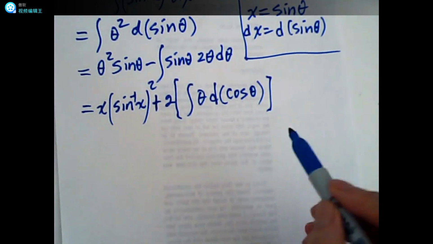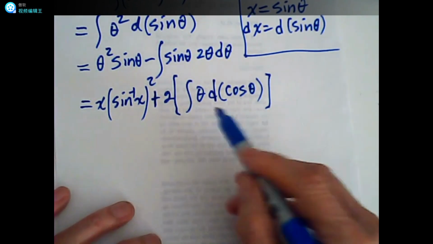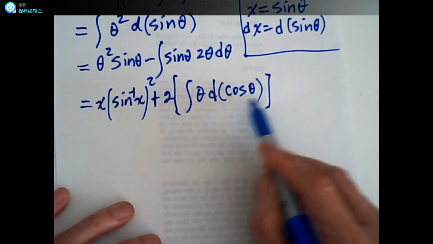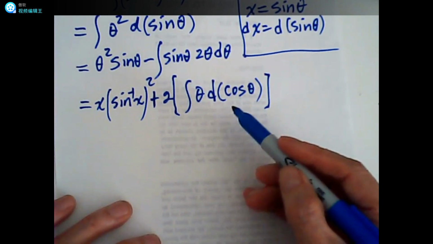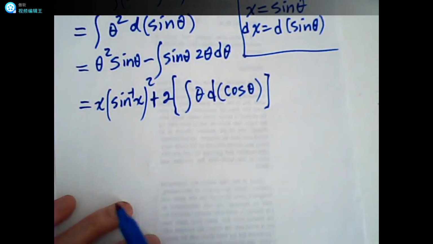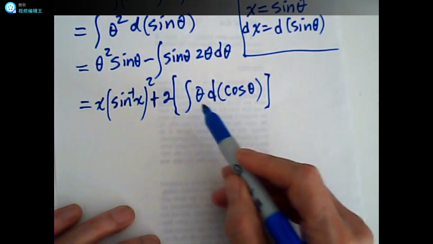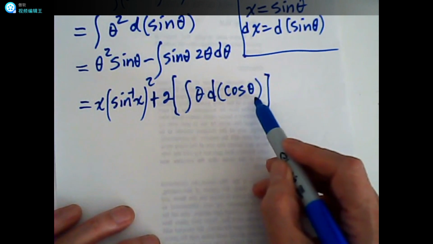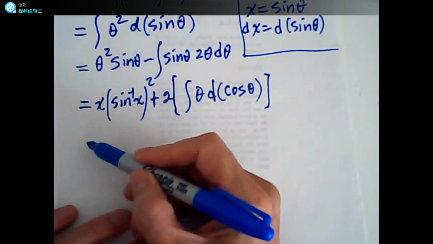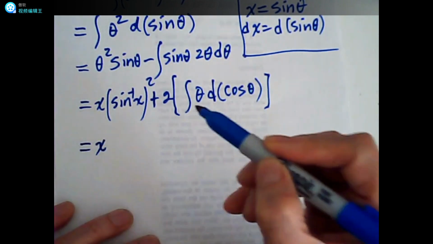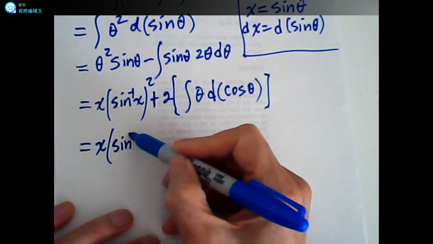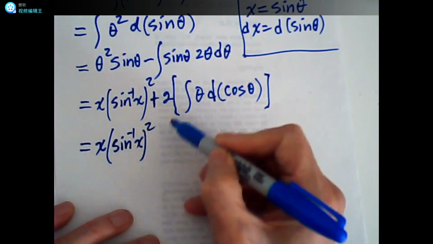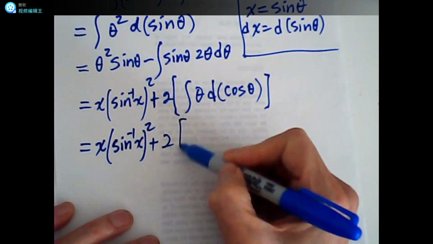The reason I'm writing it this way is that I'm preparing for integration by parts. This is u, this is dv, so this is v, this is du. It's easier. This is x arcsine x squared plus 2.